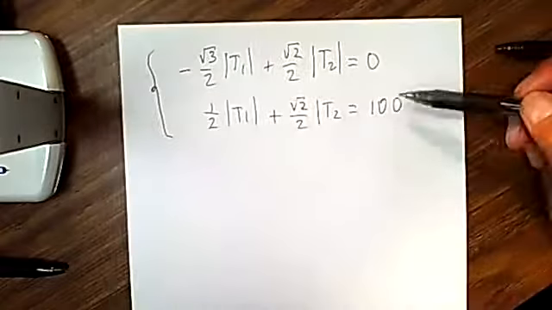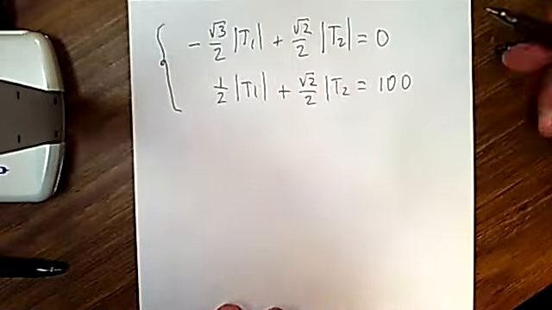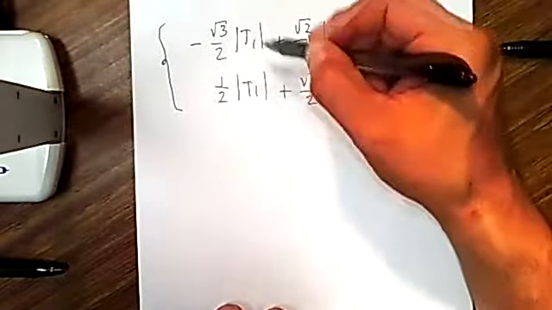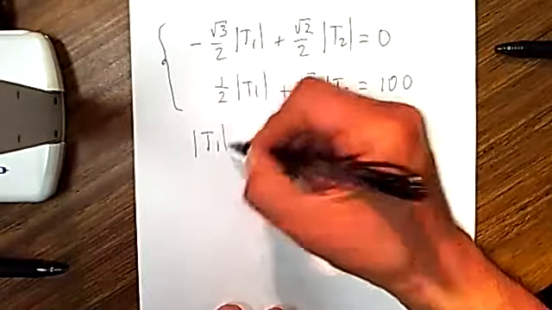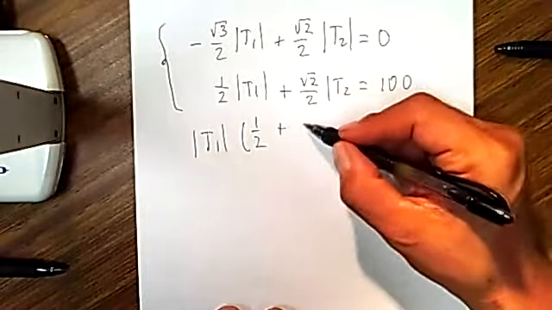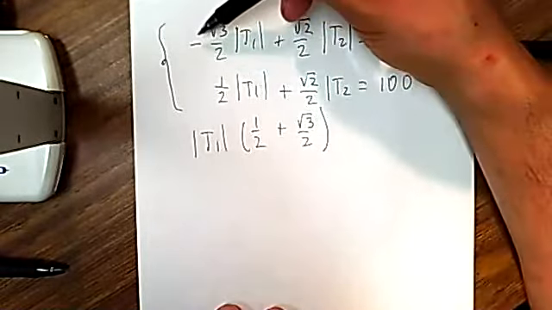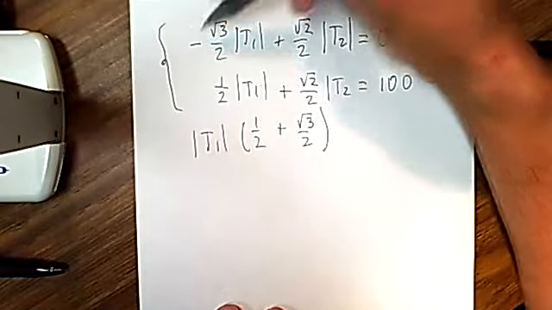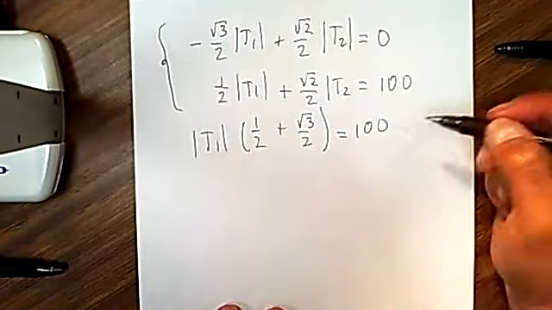We're going to have the magnitude of T1 times a half plus the square root of 3 over 2. Remember, the reason for that is because we have a double negative there, equals 100.